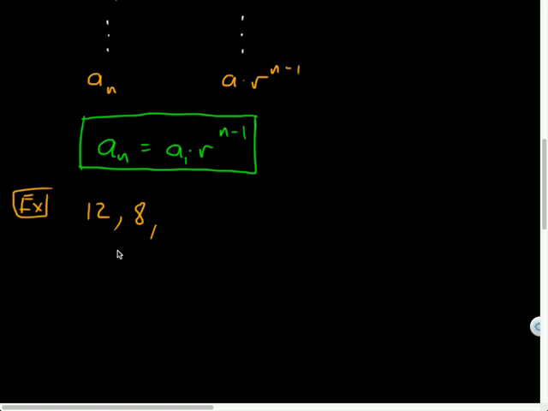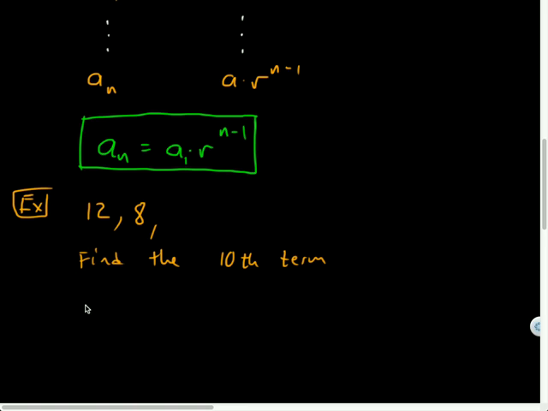So if I told you that this was geometric, and I want you to find the, let's say, 10th term. Now, these with exponents are probably going to be a little bit more calculator heavy than our previous problems from the arithmetic days. So let's label what we know.